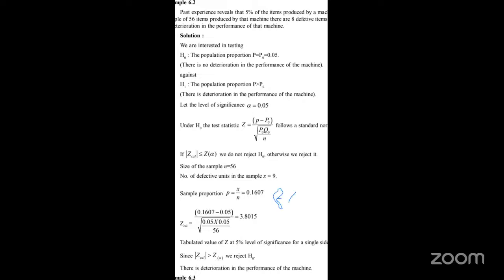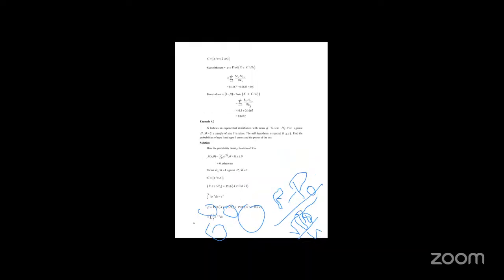So it is a one-tailed test. Its value is 1.6137, and the tabulated value is 1.645.